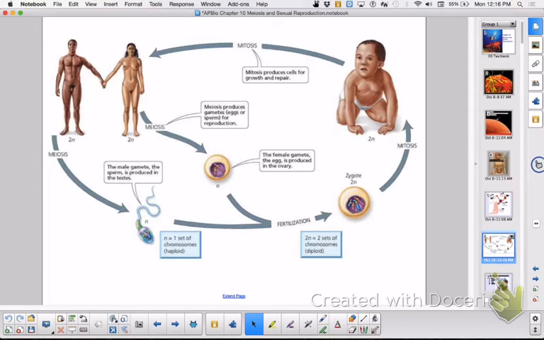Which one, meiosis 1 or meiosis 2, looks most like mitosis? Meiosis 2, exactly. Why? Separating sister chromatids, which is what we do in mitosis. Do you see that? Okay, so we'll talk about some deviations with plant cells here in just a minute.